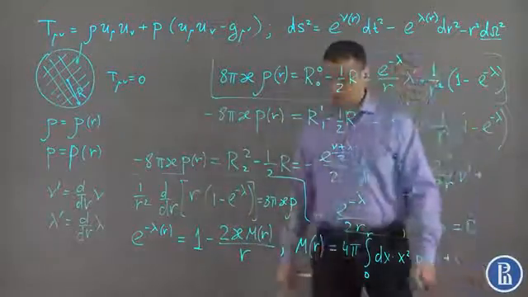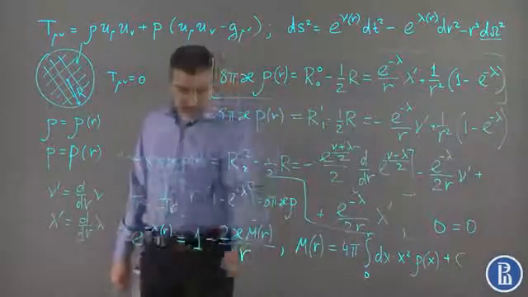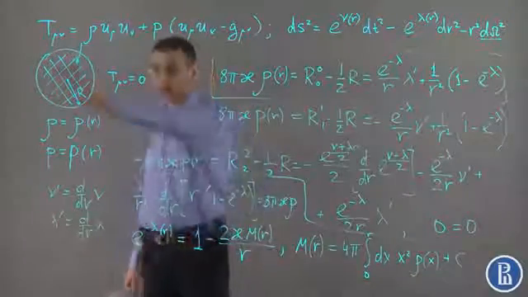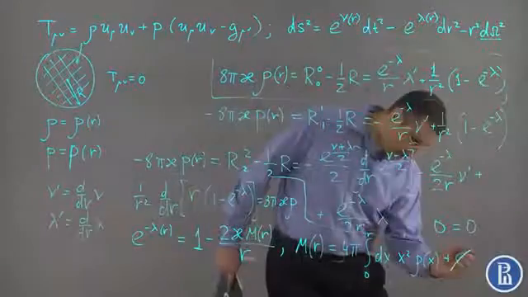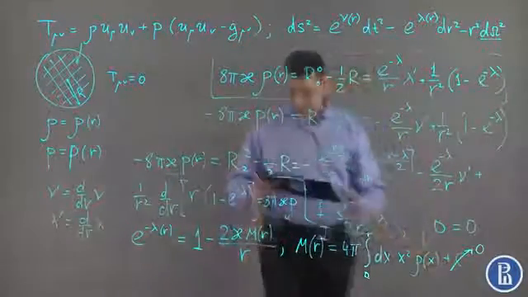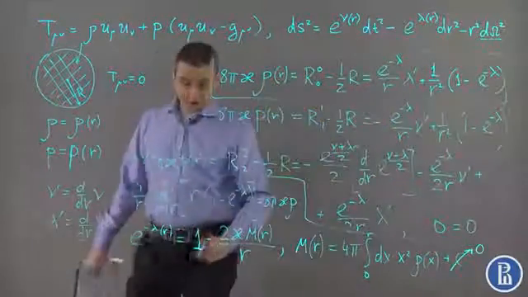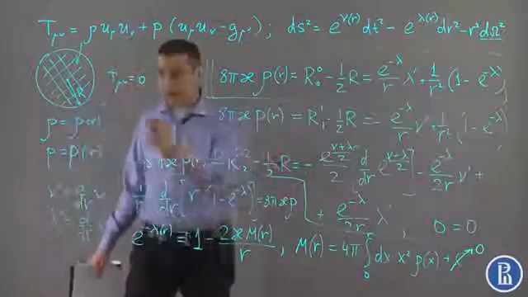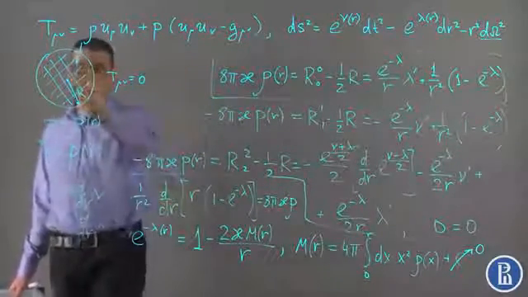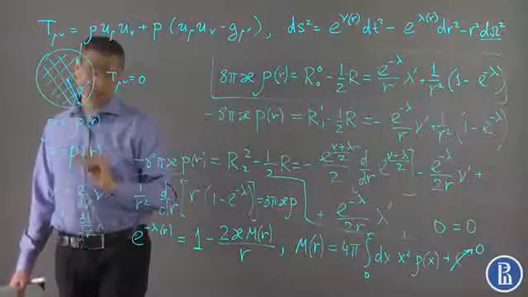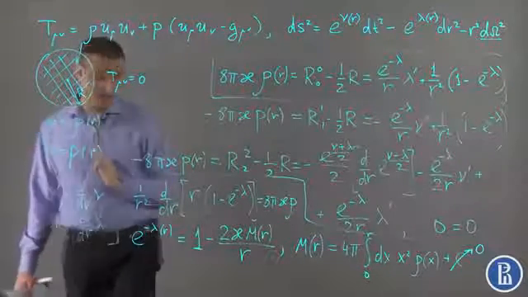But we should have that this is regular everywhere. We want the metric to be regular everywhere. Hence this constant of integration should be 0. That's the first thing. Second, we don't want to have a horizon because it's a star, it's not a black hole. Nowhere inside it is the density such that we have a horizon.